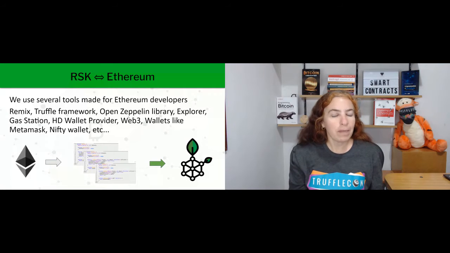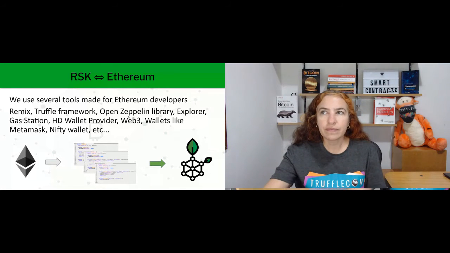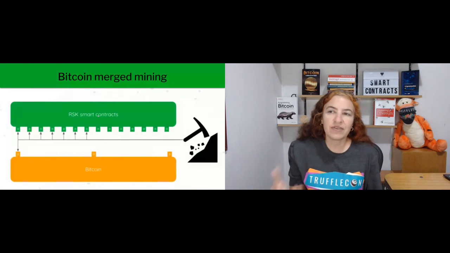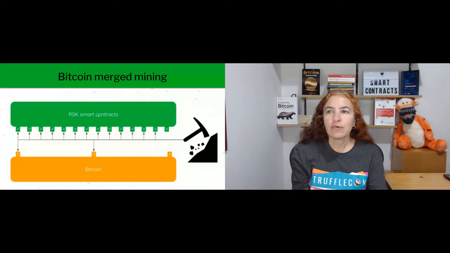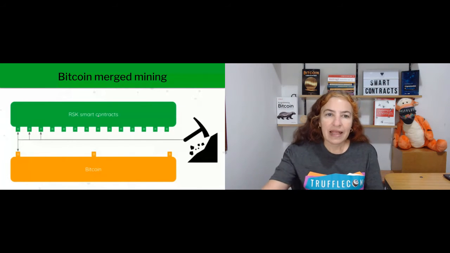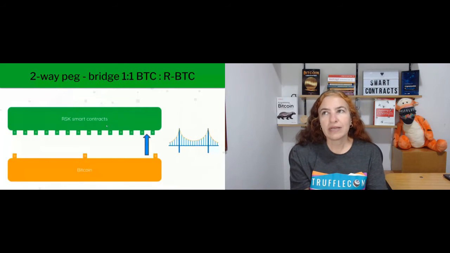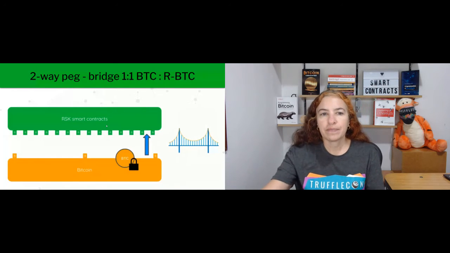We will install MetaMask today. It's very beginner-friendly. And some things are different in RSK: we have Bitcoin merged mining, and also the two-way peg, which is a one-to-one bridge between Bitcoin and RBTC.